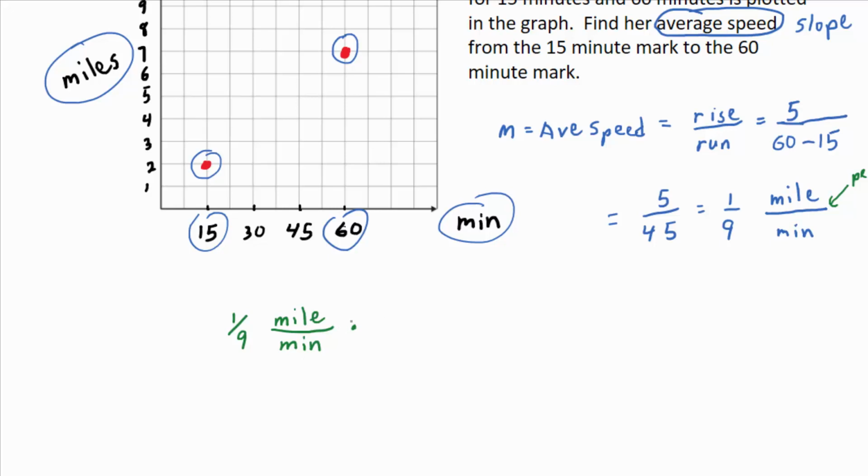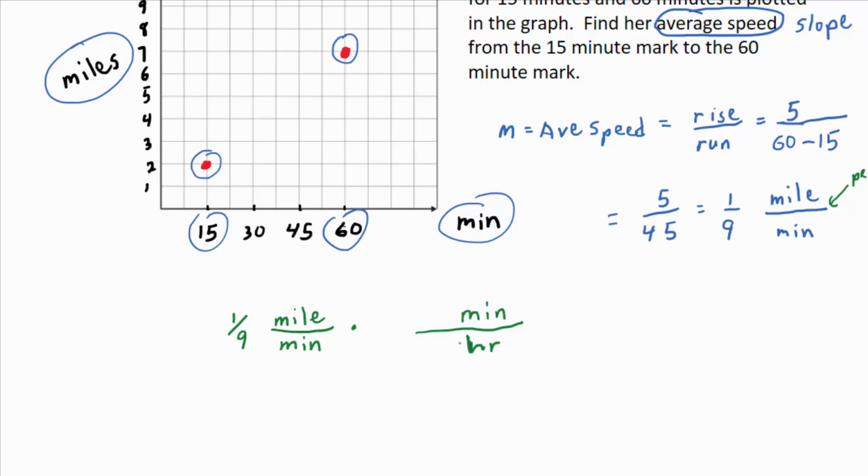The key to changing between units is realizing that units multiply and divide just like numbers. So if you want to switch to miles per hour, you want to cancel out the minutes, right? In favor of hours on the bottom. So you're going to multiply by the correct conversion factor that gives you some number of minutes per some number of hours.